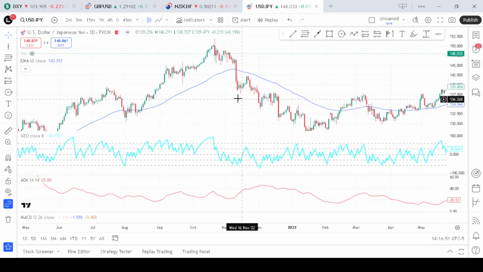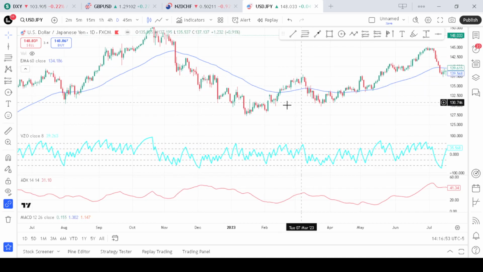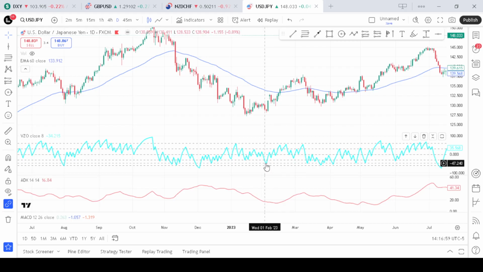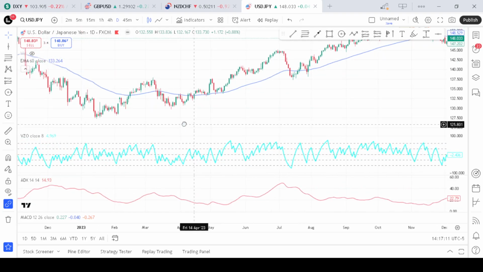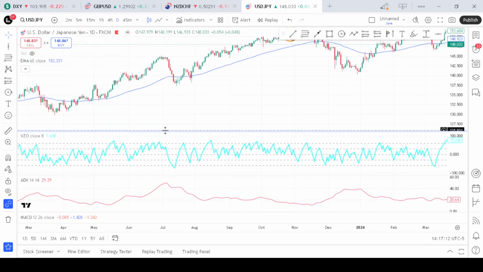Now, how we spot oversold positions is when the VZO drops below -60.